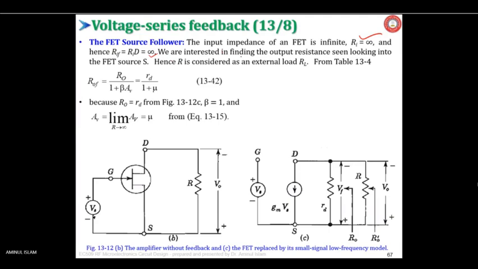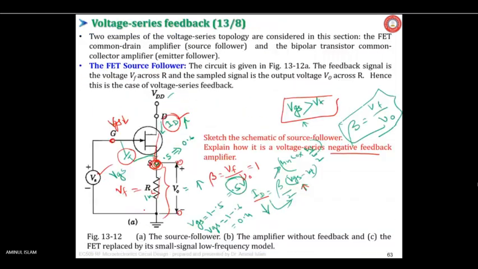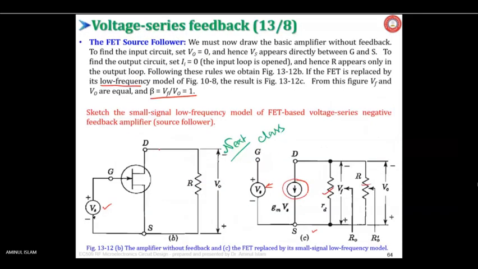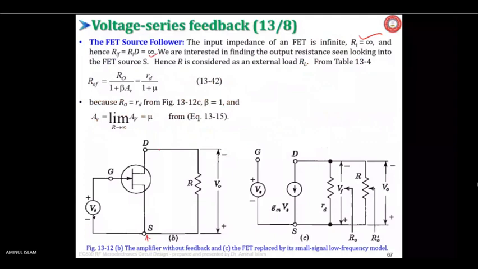Now we are interested in finding the output resistance of this feedback amplifier. Output resistance means looking into the FET from the source, looking in this way. Or if you look at the initial diagram, here you are looking.